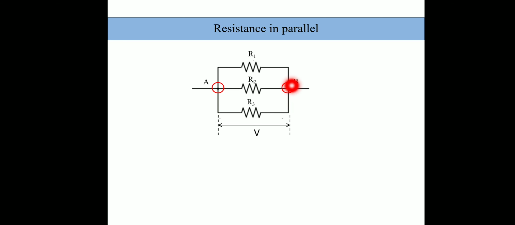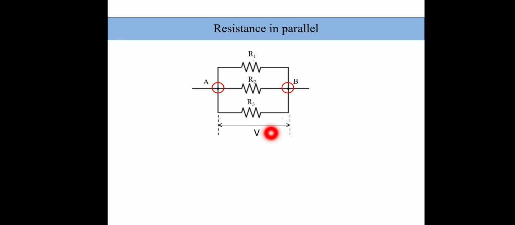Like we have seen in series resistance, the current is the same. Here in parallel combination of resistances, the potential difference is the same. Like we know by Ohm's law, V equals I into R. There are three parameters. If one is constant, the other two values should change. If V is constant, then I and R should keep changing in order to balance everything out.